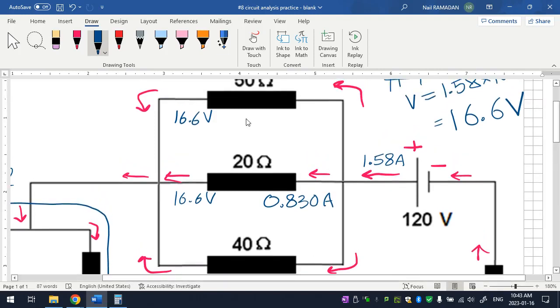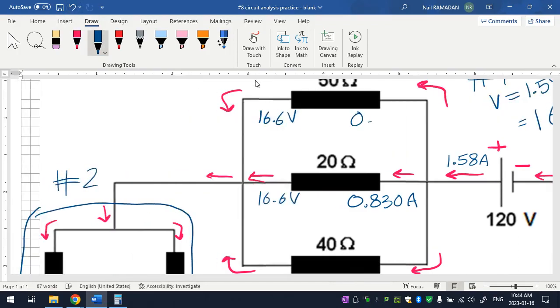How about that one? 50 divided by that. Sorry, I mean 16.6 divided by 50. My bad. 0.332. Okay. Hold on. Everyone, stop.